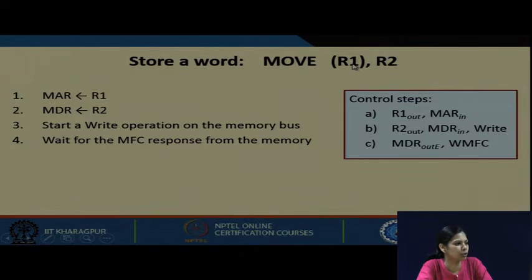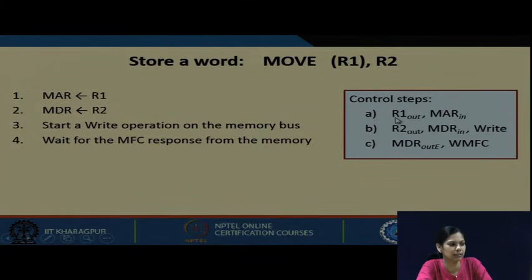So, R1 should be in MAR and R2 should be in MDR, because R2 is the data which needs to be stored at the address pointed to by R1. So, R1 goes to MAR, R2 goes to MDR. Start the write operation on the memory bus and wait for the memory function complete. Once the memory function is complete, other operations can be taken care of.